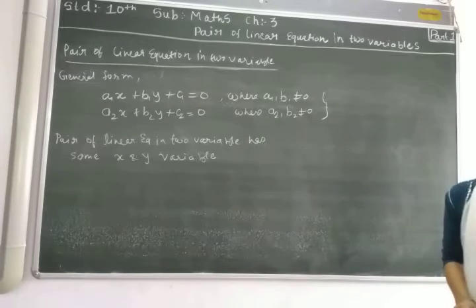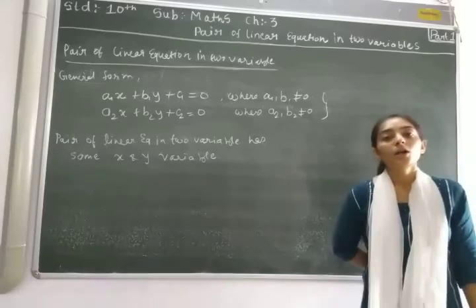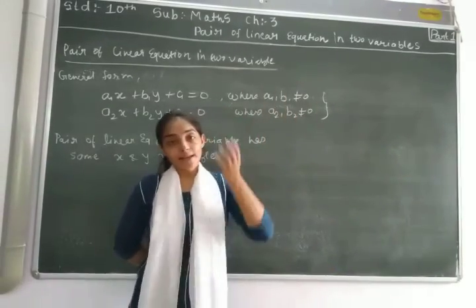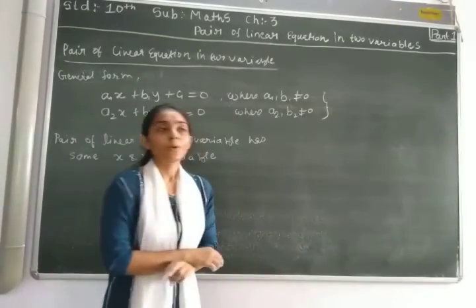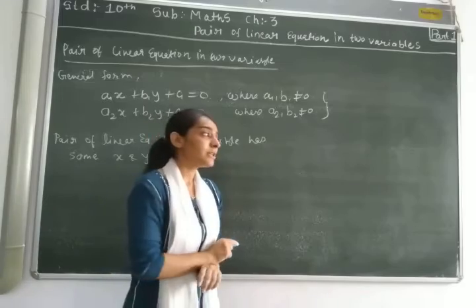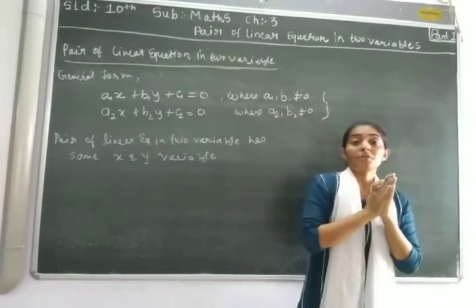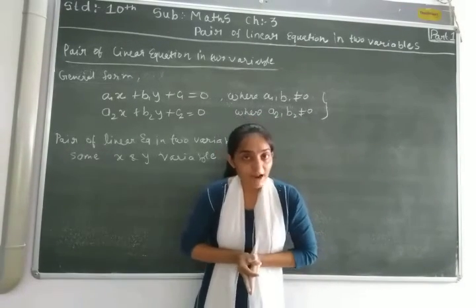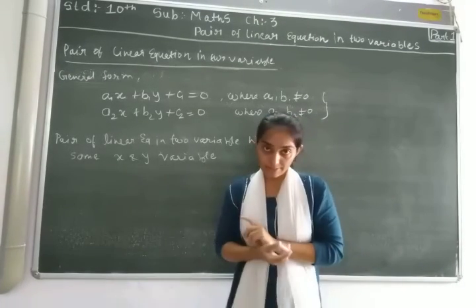See, in standard 9, you have studied two lines in a plane. It means both lines lie on the same plane. When we talk about two lines, we have to specify that both lines should lie on the same plane.